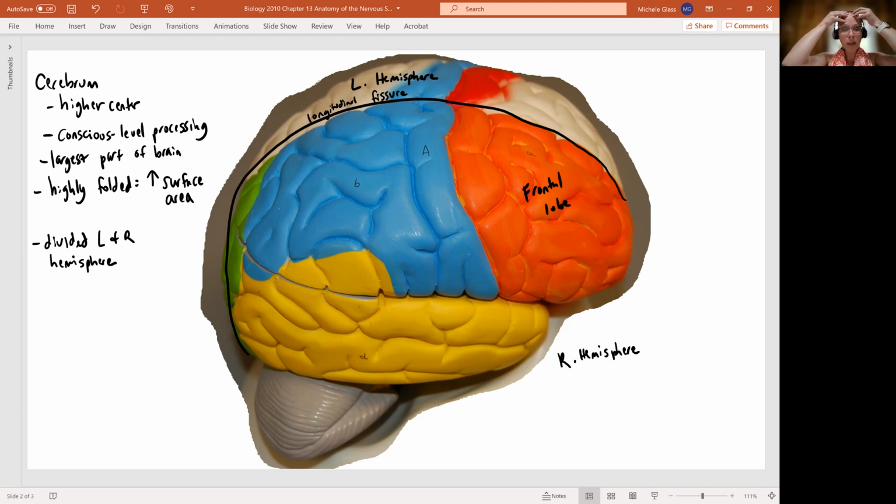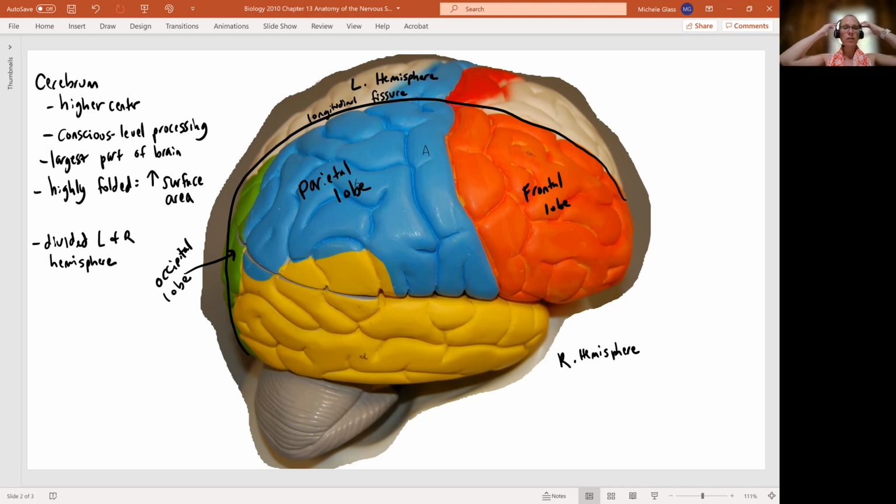If you move your hands back and stop at the top of your head, underneath the parietal bone, you would have the parietal lobe. Then if you continue your hands down to the back of your head underneath the occipital bone, you would have the occipital lobe, which we see here in the model picture as being green in color.